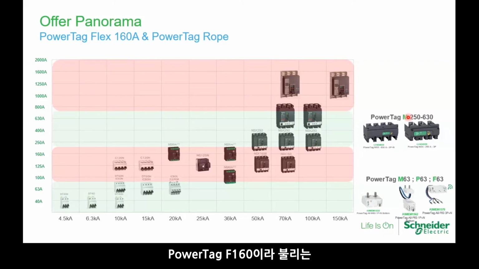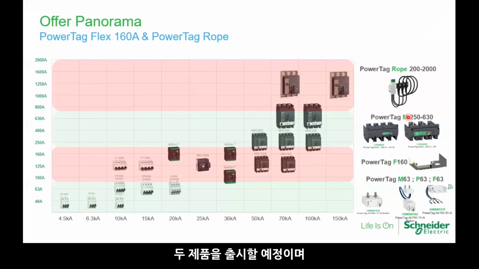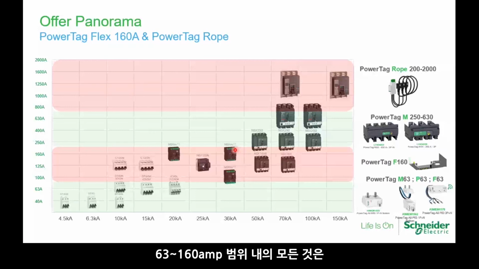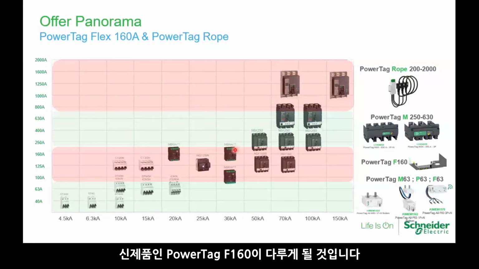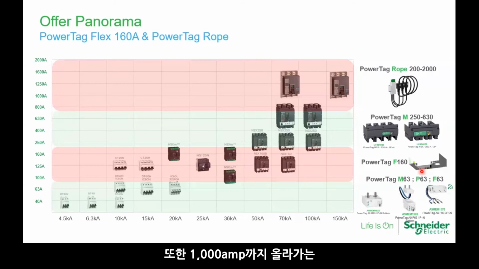If you attended my roadmap call last week, we are launching a new offer called PowerTag Flex 160, which covers the gap between 63 and 160 amps. And then we also have PowerTag Rope that goes all the way up to above 1,000 amps.